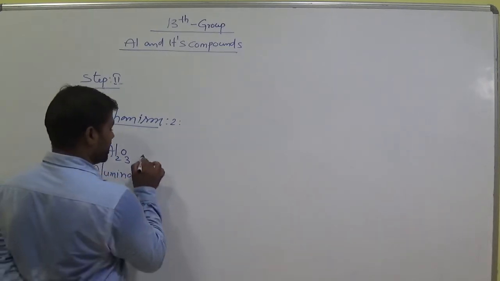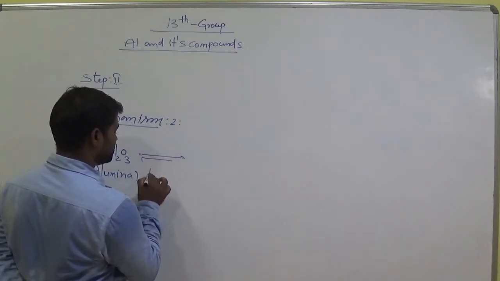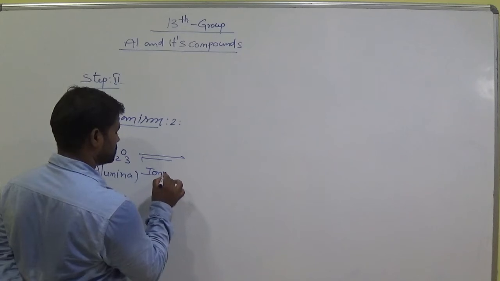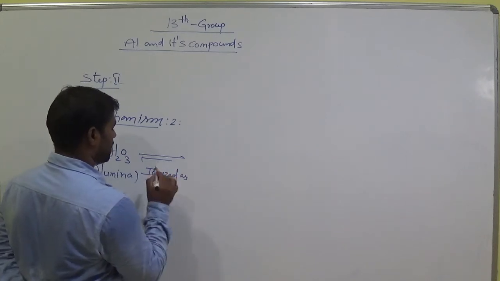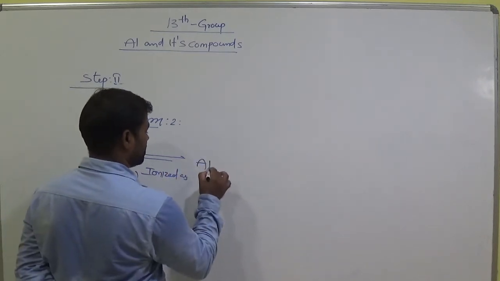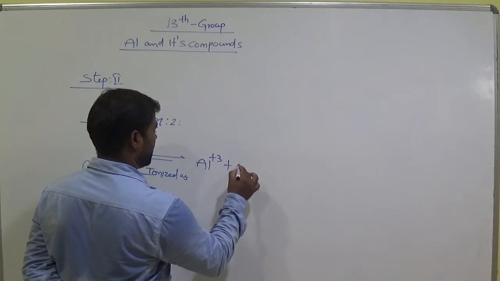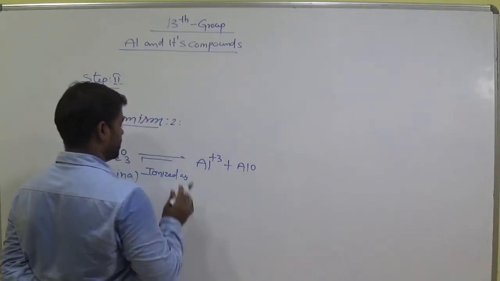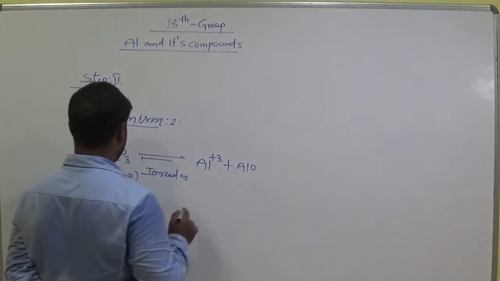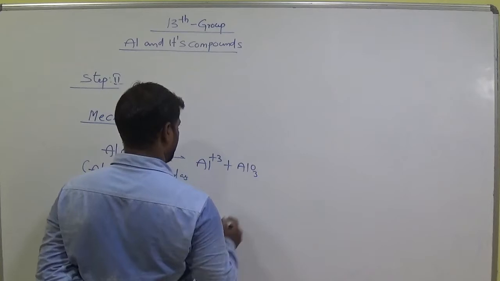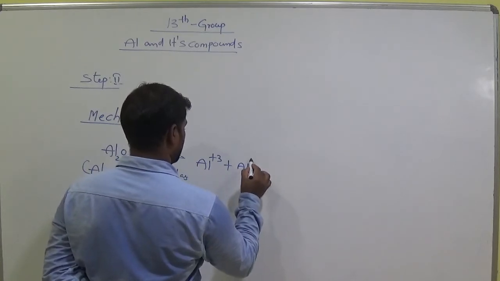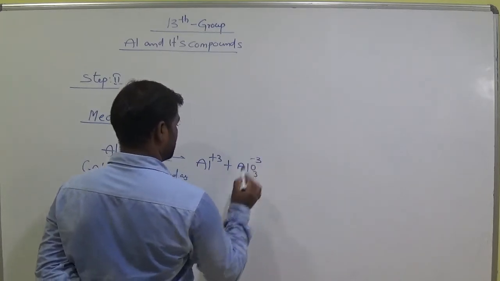Alumina is ionized as Al plus 3 and AlO3 minus 3.